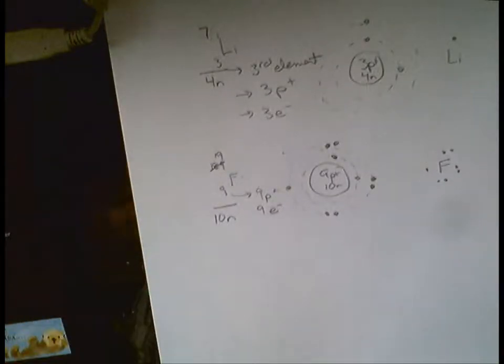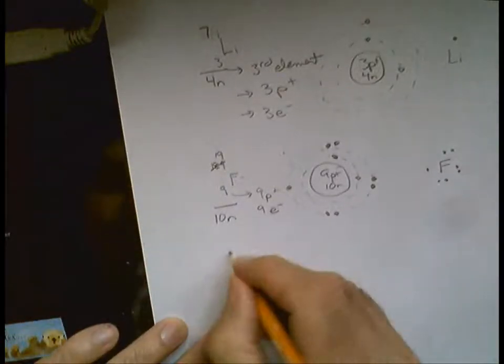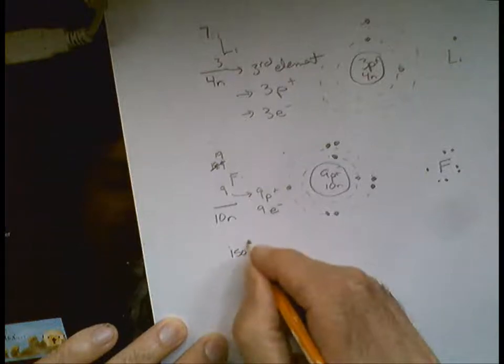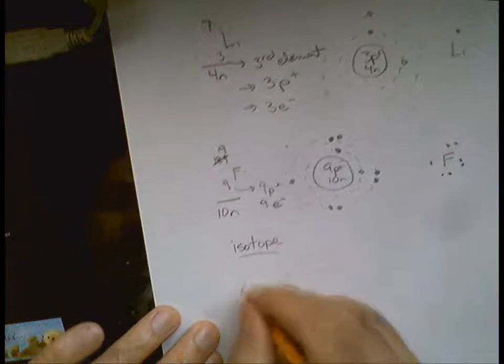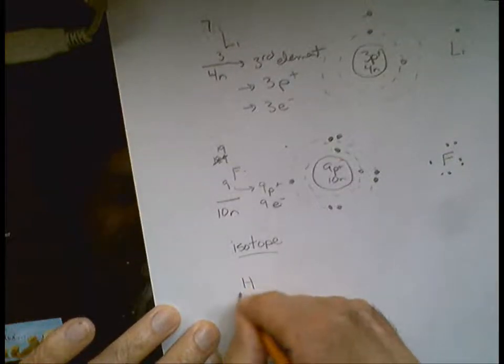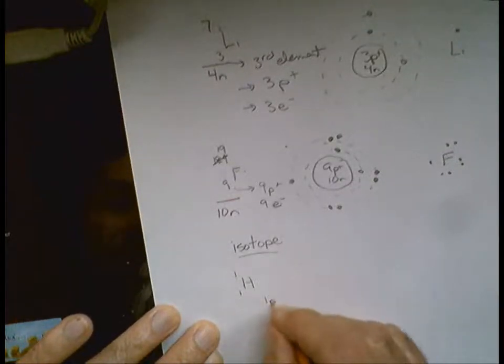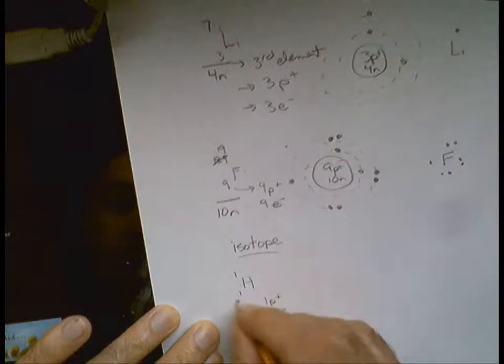Now, let's go over 2 terms. Let's go over isotope and isomer. So iso means same, tope means atom, so different forms of the same atom. The most popular form of hydrogen has 1 proton, 1 electron, and 0 neutrons.